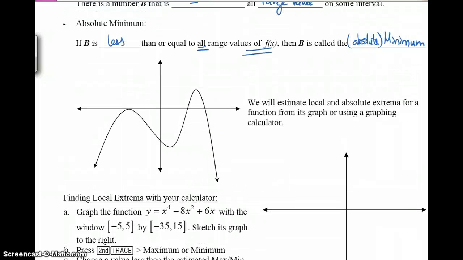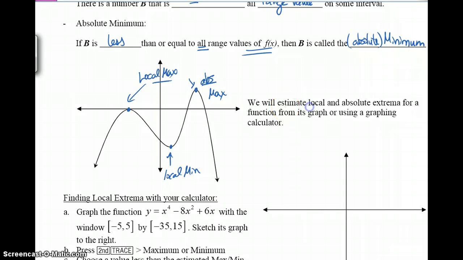And we can see, for maximum we have two relative, and here's my absolute maximum. For minimum, we have a local min, but no absolute max. Local max here.